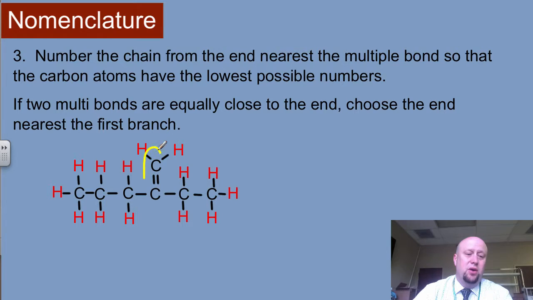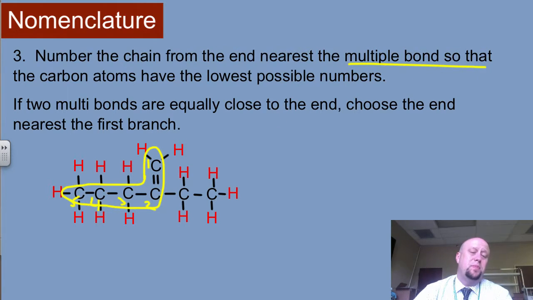So again, this is my 5-carbon chain that contains the double bond, and when I go through, that's going to be carbon 1, and carbon 2, 3, 4, and 5. I couldn't number from this end, I wouldn't number it 1, 2, 3, 4, 5. I would number it from the end closest to where the double bond is. So that's relatively straightforward. I don't think that's going to be too much of a problem. That's the same general thing that we did last time, except that now it's the multiple bond that matters.